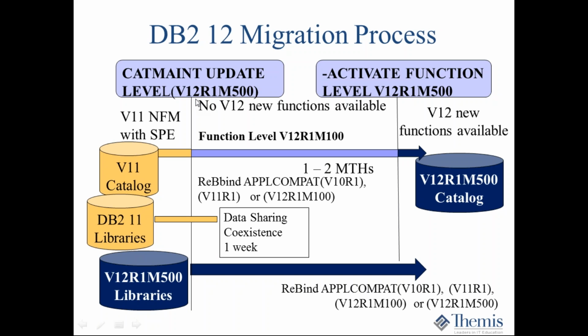When you run the CATMAINT, and there's only one CATMAINT, not two, it will place the catalog at version 12, release 1, modification 500. However, the function level will be identified as version 1, modification 100.